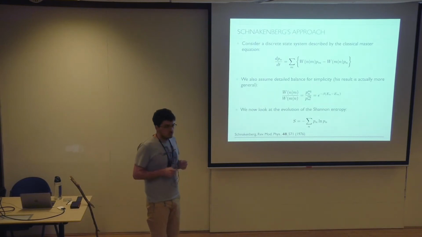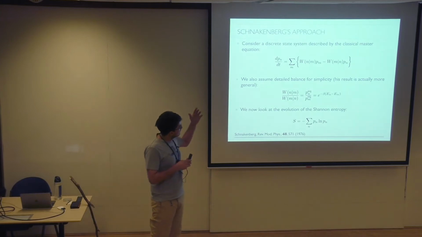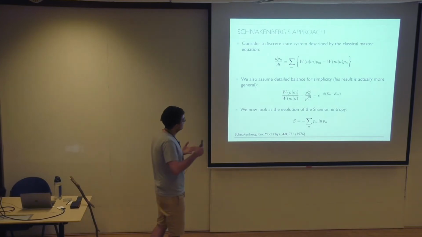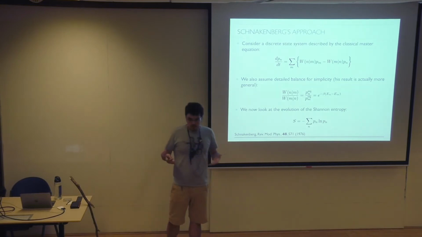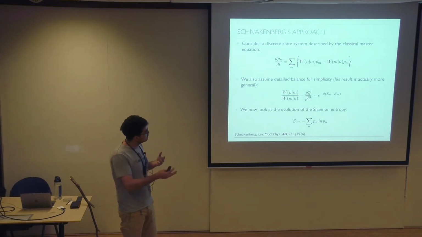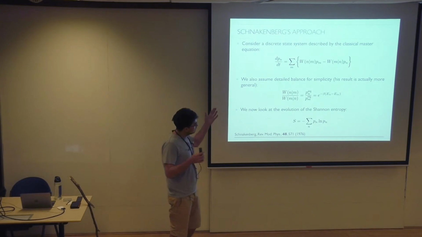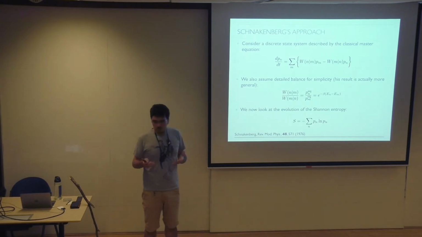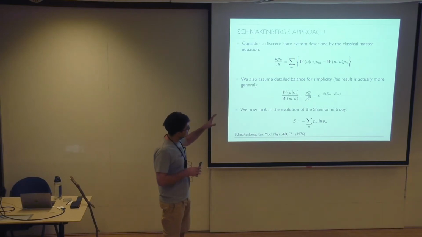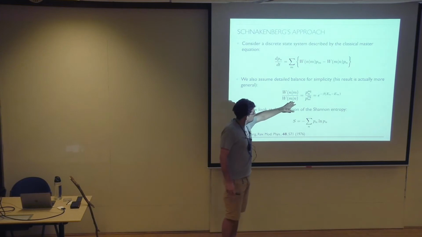There is one which I really, really like, which is this approach by Schnakenberg, who considered classical master equations, so rate equations for some probability P_n. You have a system with some discrete set of states, P_n, and you have just a Markovian equation with some transition probability W. This can describe anything from a physical process to something that is not physical at all, but for simplicity, here I'll consider the situation where these transition rates W satisfy detailed balance.